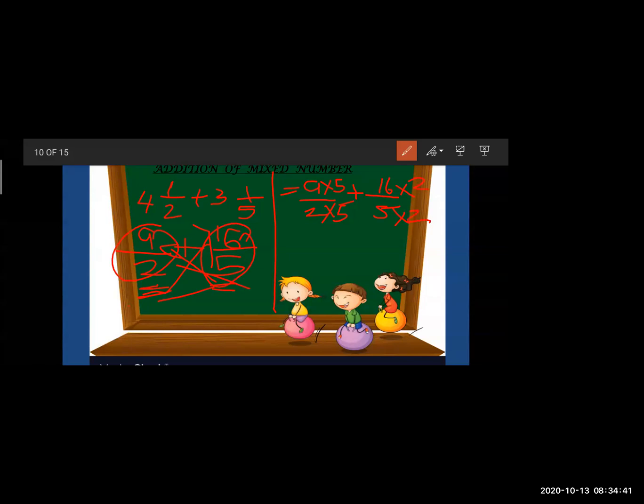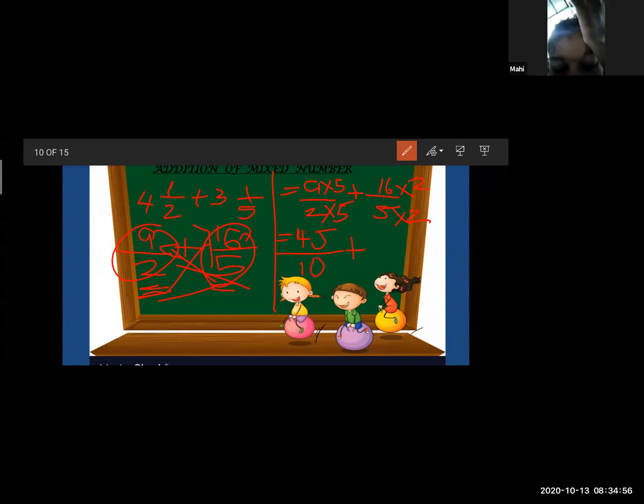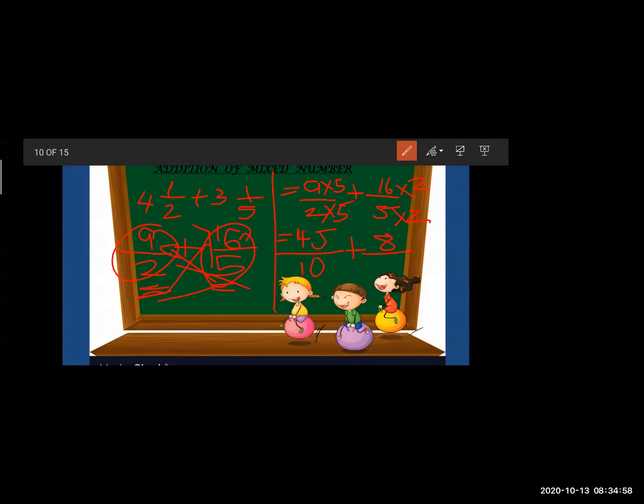Like this, cross multiplication we will be doing. So 9 fives are 45, and 5 twos are 10, plus 16 multiplied by 2, and again 5 twos are 10.